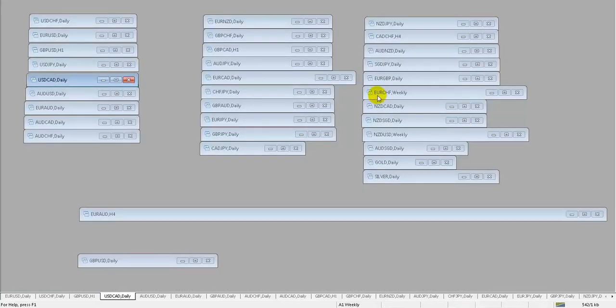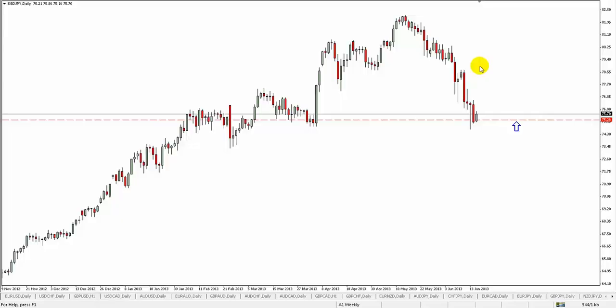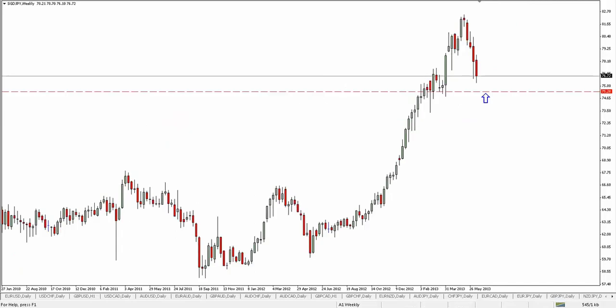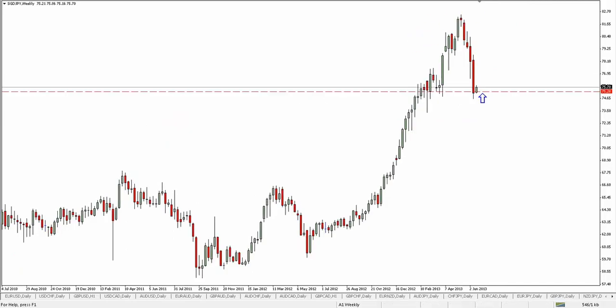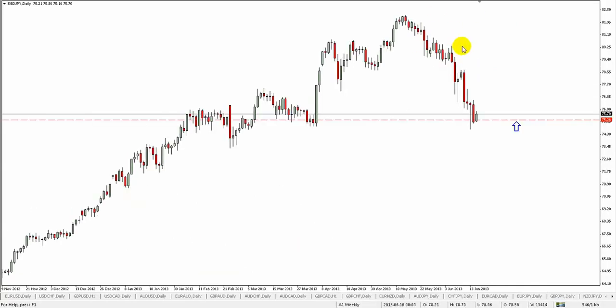Now, the second method, which I really enjoy using, is looking at the higher time frame. Let's say, for example, that I'm looking at, and I'm just pulling this one out of thin air, Singapore yen, because I know it's been in an uptrend.